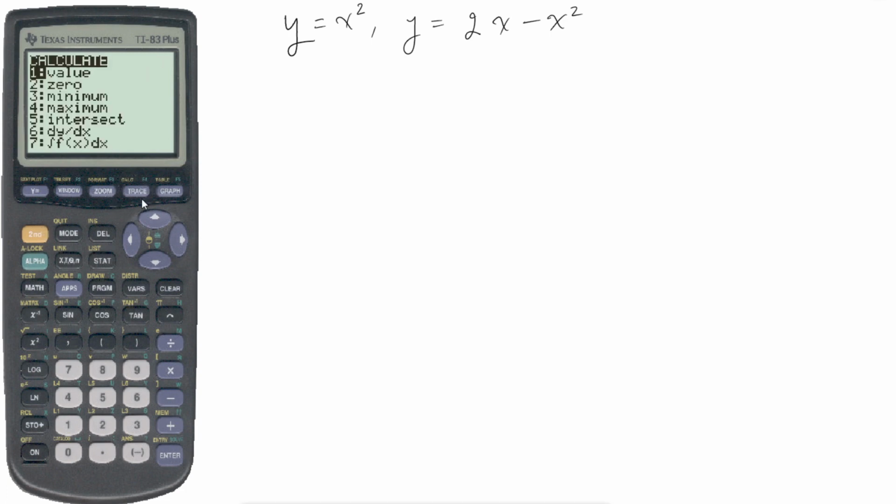Yes, it is 0, 0, and then I'll calculate the other intersection, making sure that I'm on the right curves. First curve, second curve, and over at the other side. It's no surprise, it's 1, 1. Okay, so those are my two boundaries that I need to deal with.